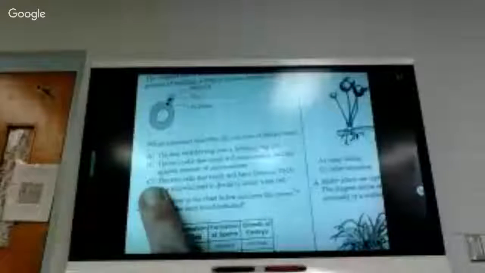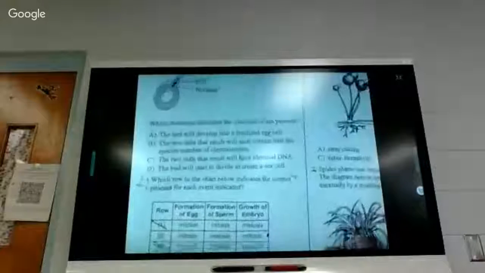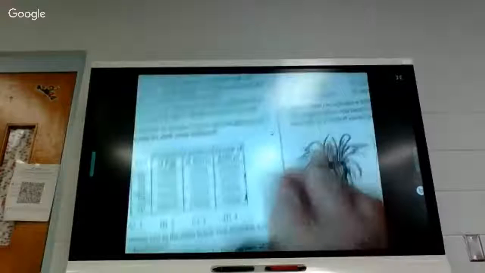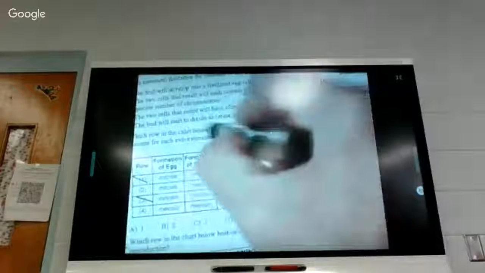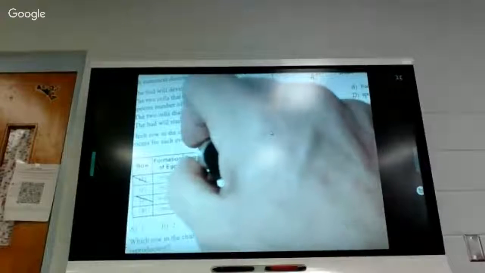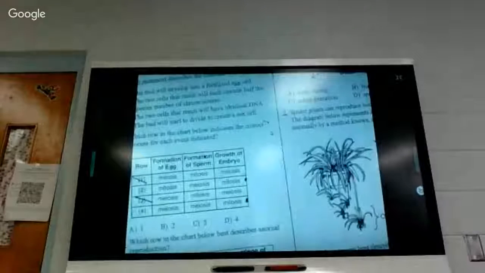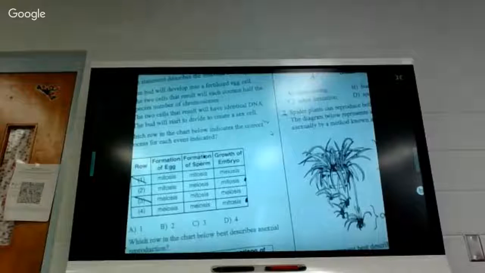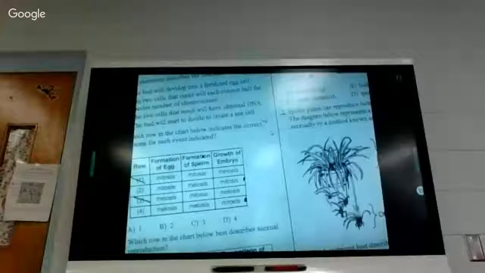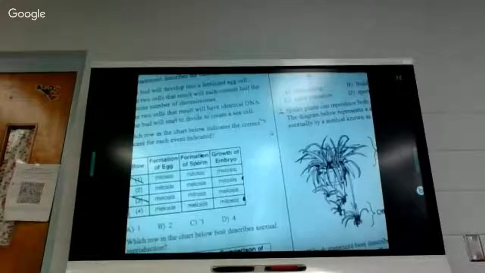Okay. All right. Now the next one is, I love this one. So formation of egg and sperm, we just went over that, okay? However, I would start with growth. What is always going to be the cell division for growth? Mitosis.